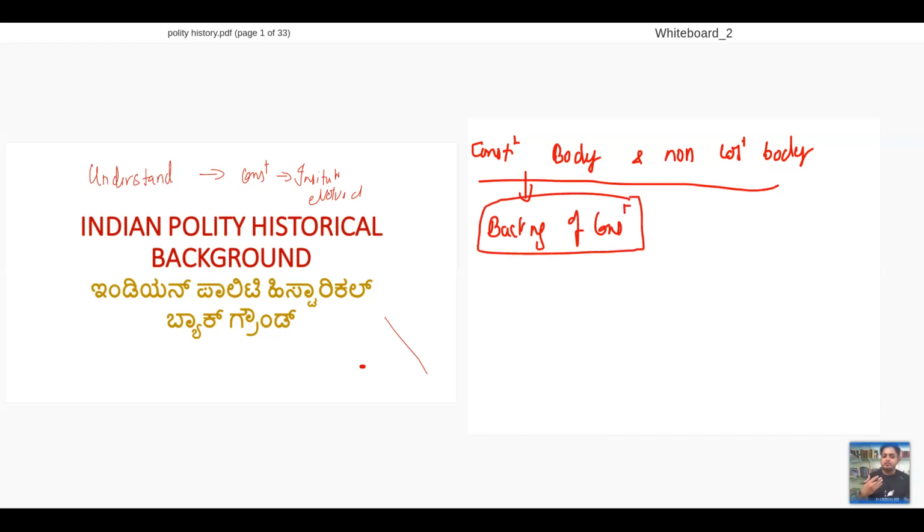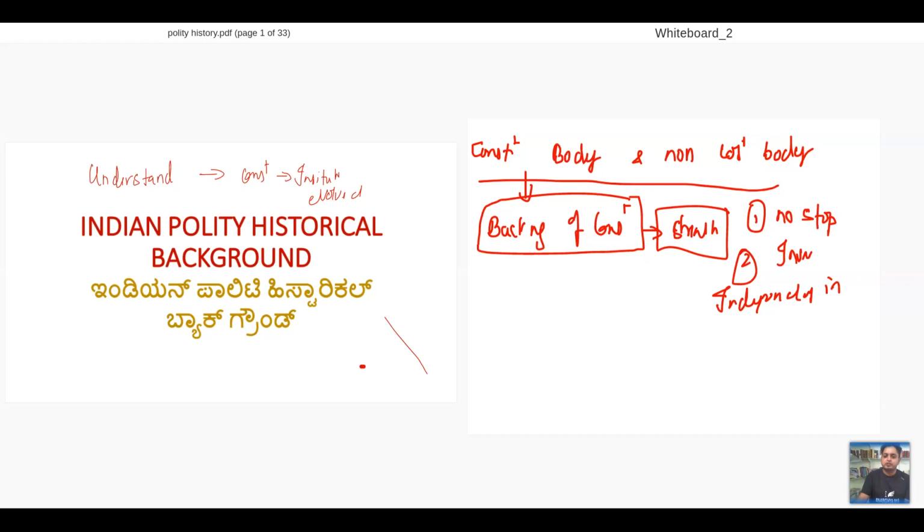When any body is backed up by the constitution, it will have strength. Point number one, nobody can stop or interfere in its functioning. It will have independence in functioning. So a constitutional body, which has the backing of the constitution or is part of the constitution, will be a very strong body.